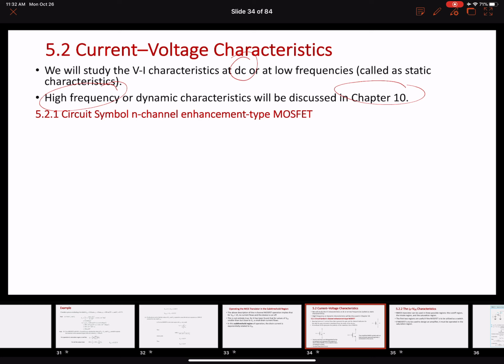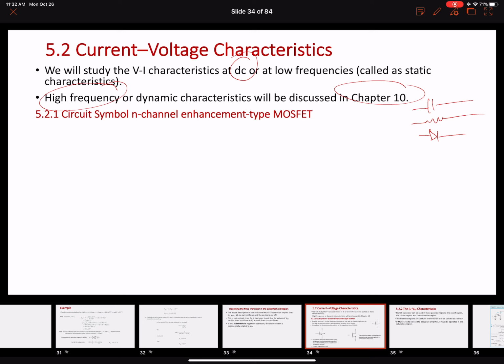So let's find out the symbol for the NMOS and the PMOS, and later in the lecture today as well. Why are circuit symbols important? When we make electronic circuits, it's really important to have a symbol, because it serves as a representation. We have a diode symbol, a resistor symbol, a capacitor symbol. Similarly, we need a symbol for the MOSFET as well.